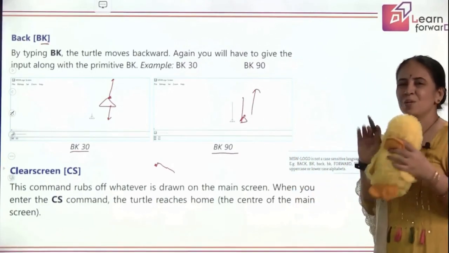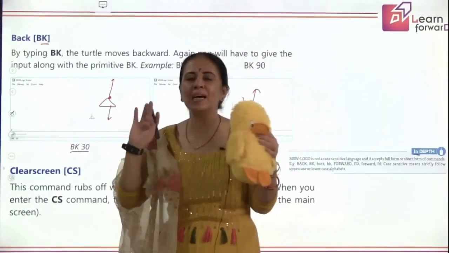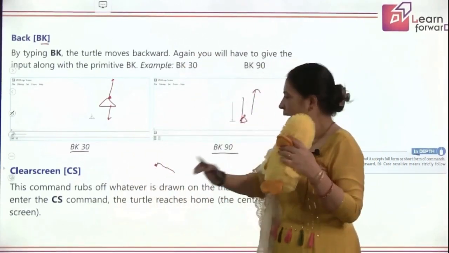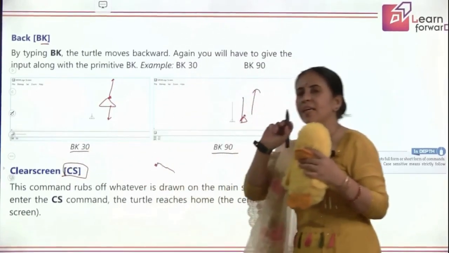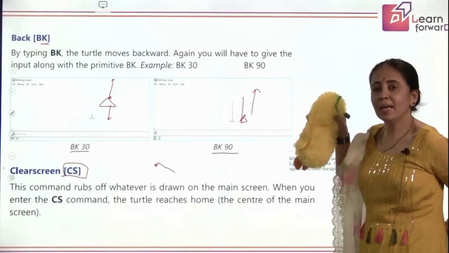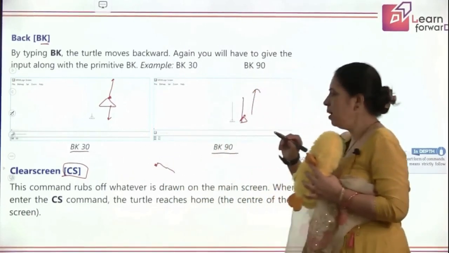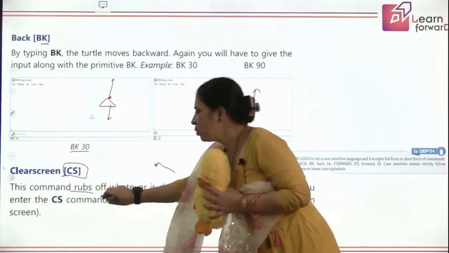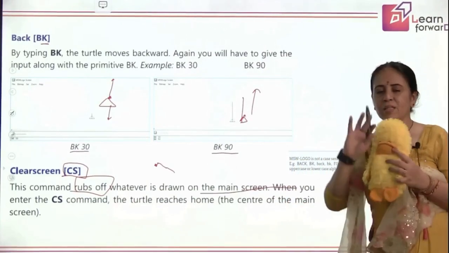Now you see that your screen looks sometimes clumsy and you want to clear it. For that, you have another command. Don't forget CS. CS stands for clear the screen.